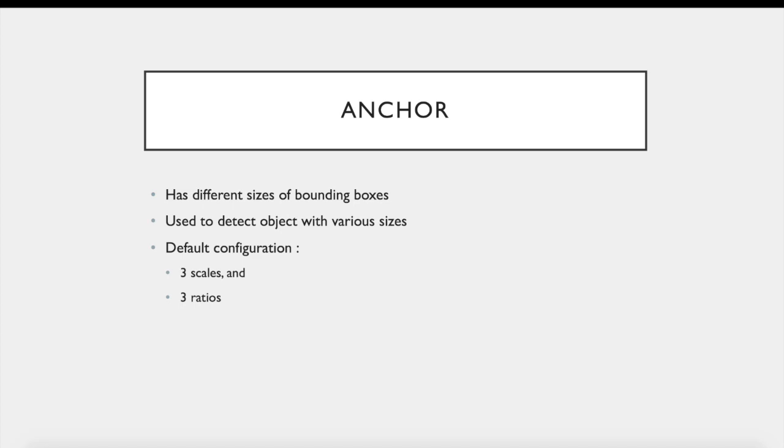Anchors are boxes of different sizes that help to detect objects of various sizes. It can be objects like humans, vehicles, balls, cars, etc. In the default configuration, we have 3 scales and 3 ratios, which make up 9 anchors in total.